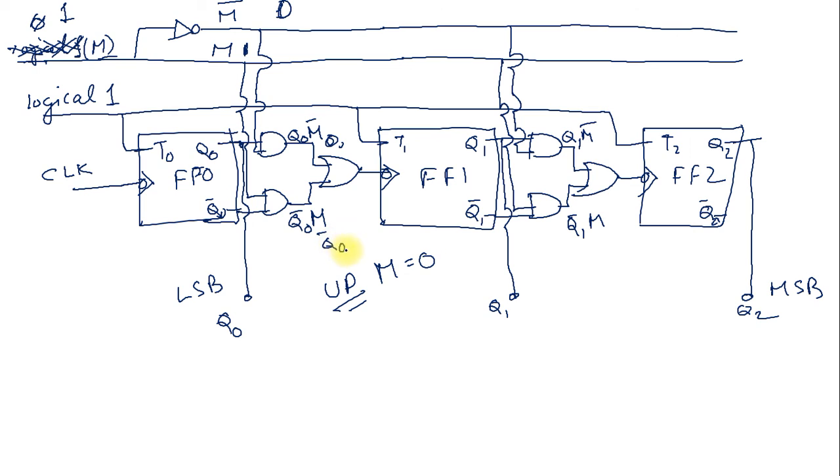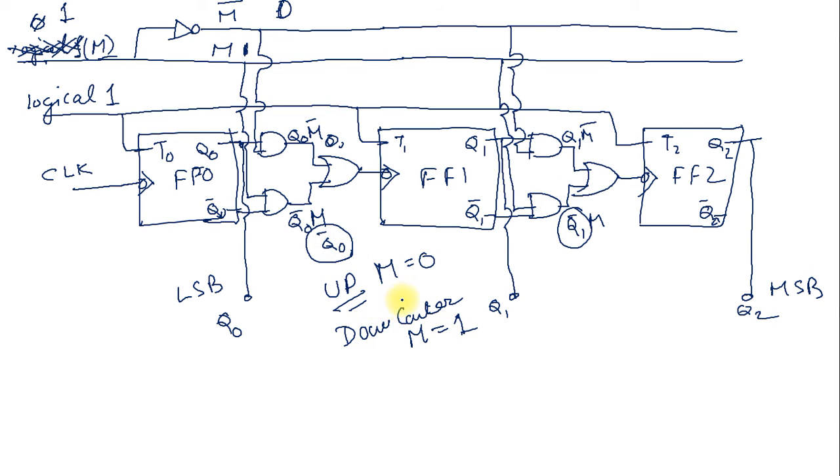Here we get the output, a clock from Q naught complement, Q1 complement. When negative edge triggered and the clock is taken from Q naught complement, that is a down counter. So when M equals 1, it acts as a down counter.